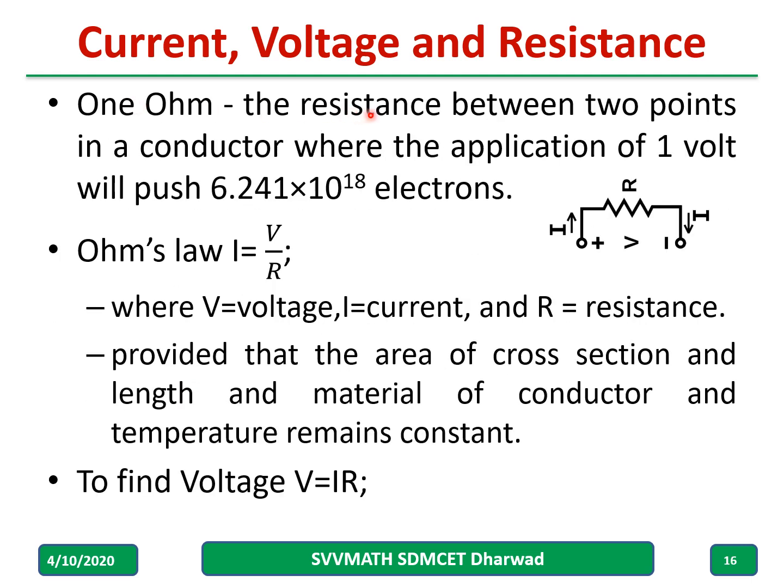An ohm is the resistance between two points in a conductor where application of 1 volt will push 6.241 × 10^18 electrons. We call it 1 ohm.